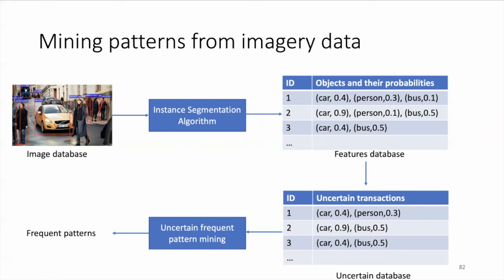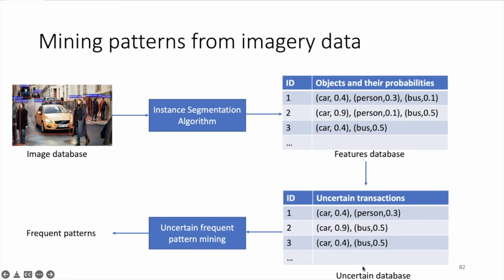For example, if we specify that the probability of an object must be more than 0.2, then this futures database can be converted to an uncertain database with car 0.4, person 0.3. The bus probability is 0.1, which is less than our threshold value, so we don't consider it in the generation of the uncertain database.